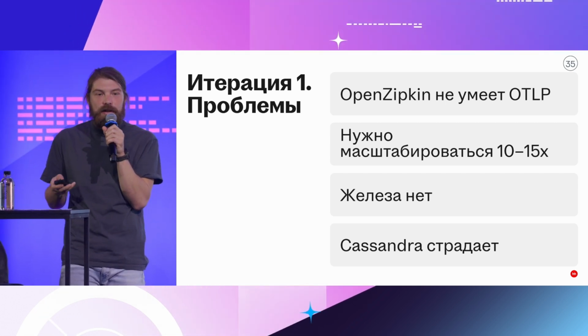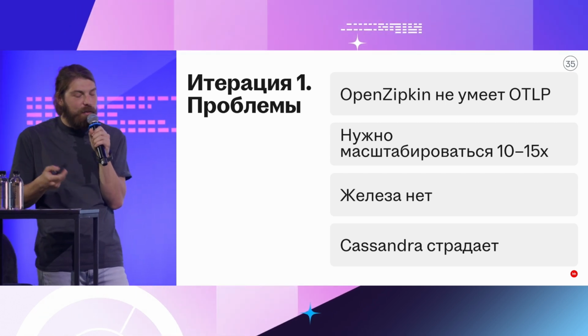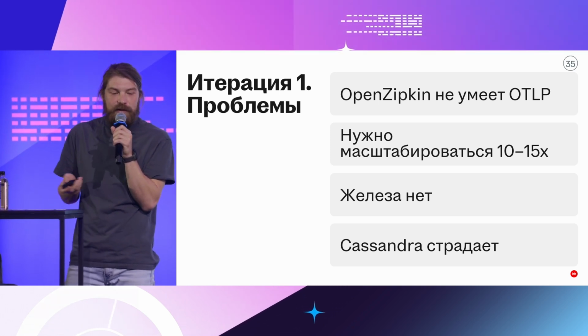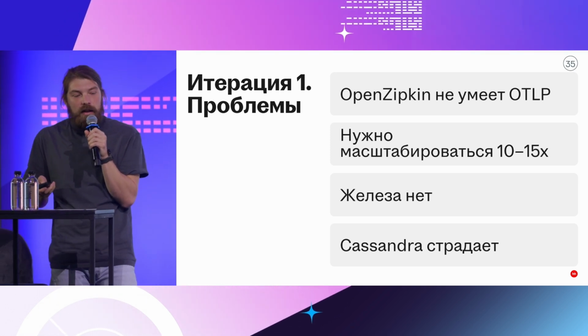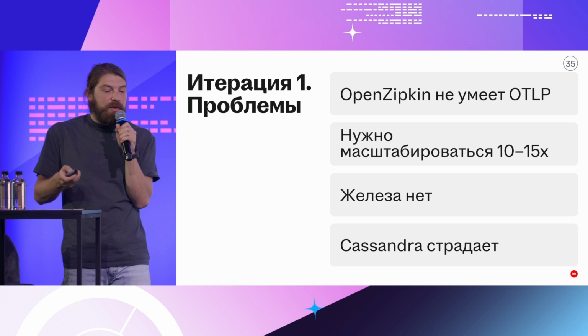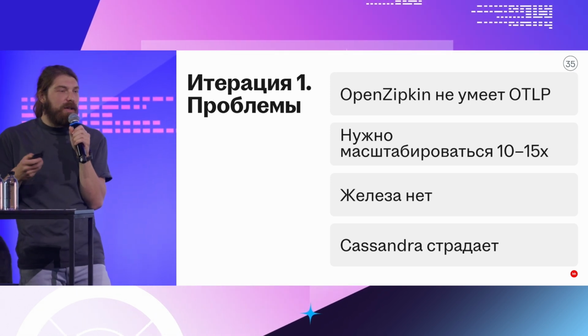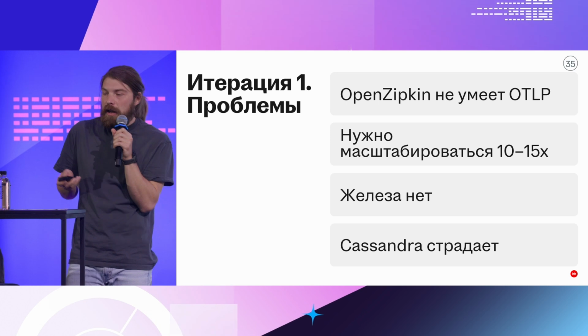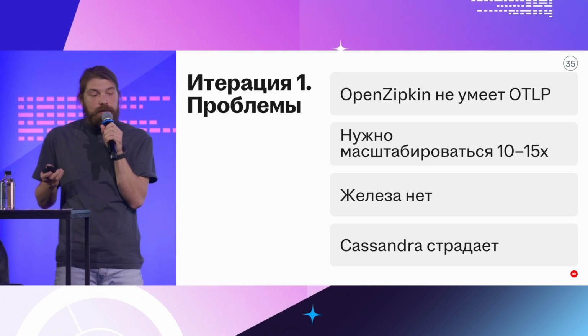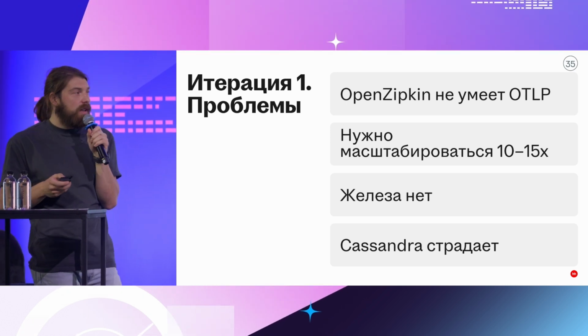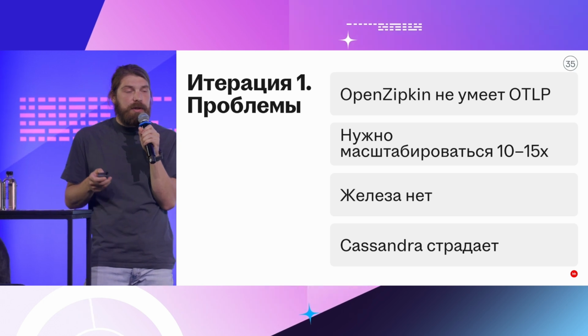We had problems with Zipkin, in that it didn't support the OpenTelemetry OTLP protocol. We wanted to provide for scalability. We didn't have our own hardware, and we wanted to solve this problem in a not too expensive way.